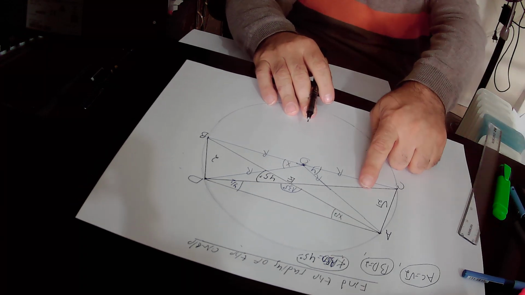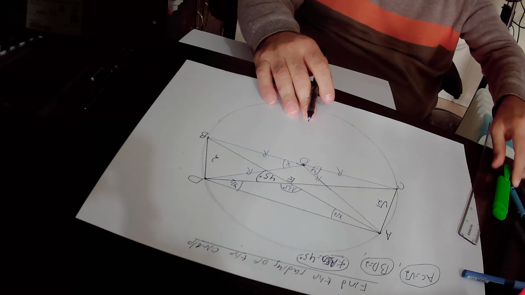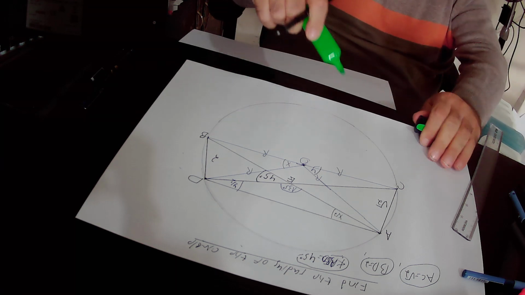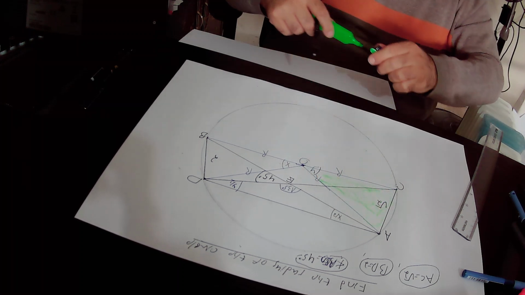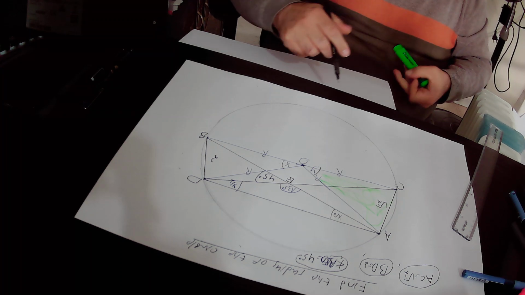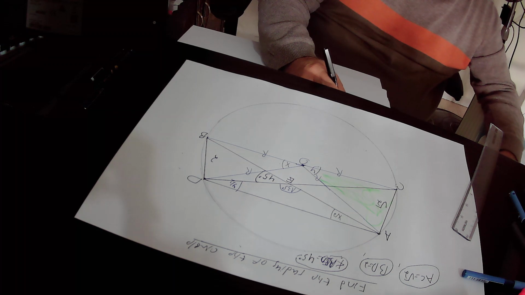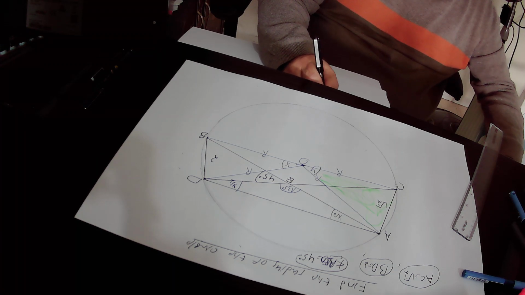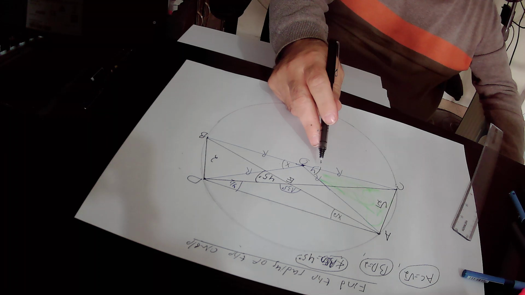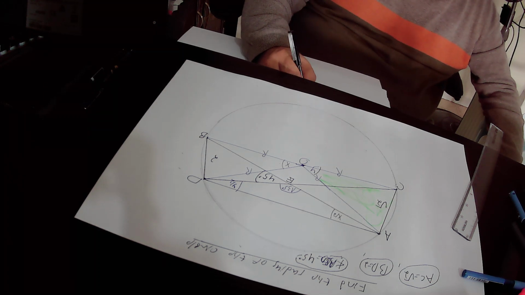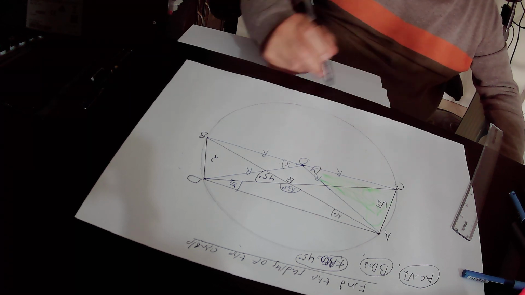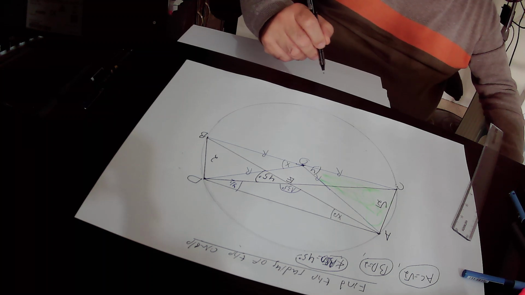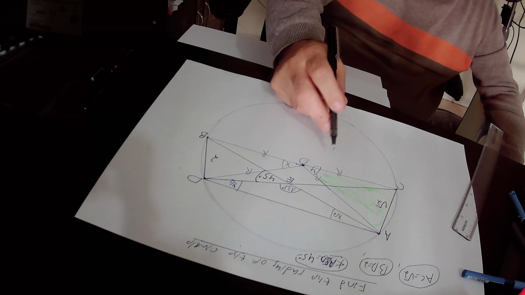In this triangle AOC, the green triangle AOC, according to the law of cosines, cosine y equals r square plus r square, that is 2r square, minus square root of 2 square, that is 2, over 2 times r, that is 2r square.